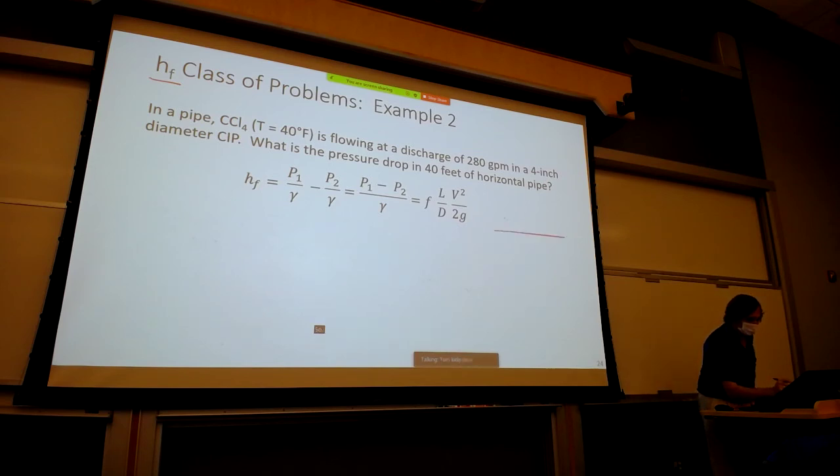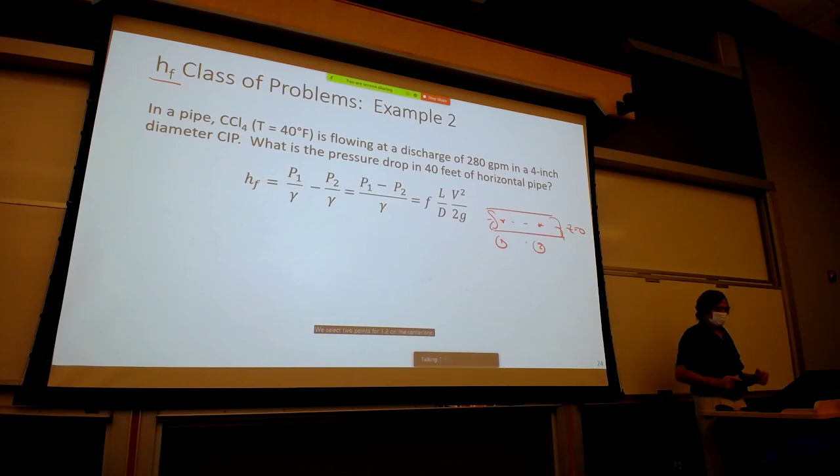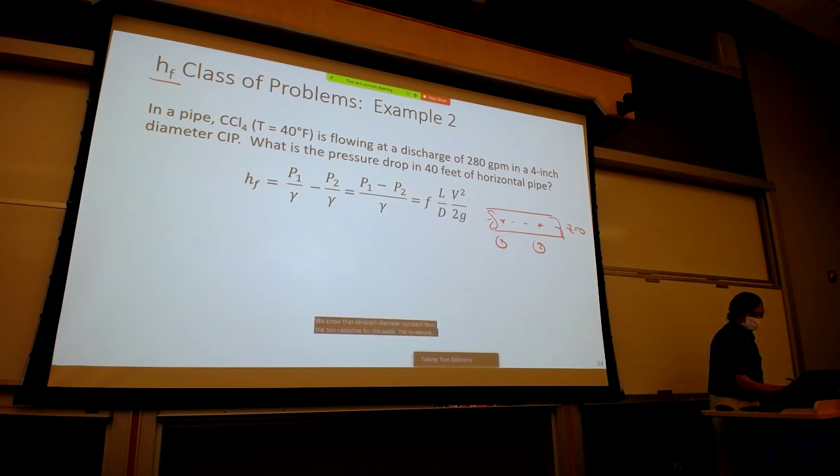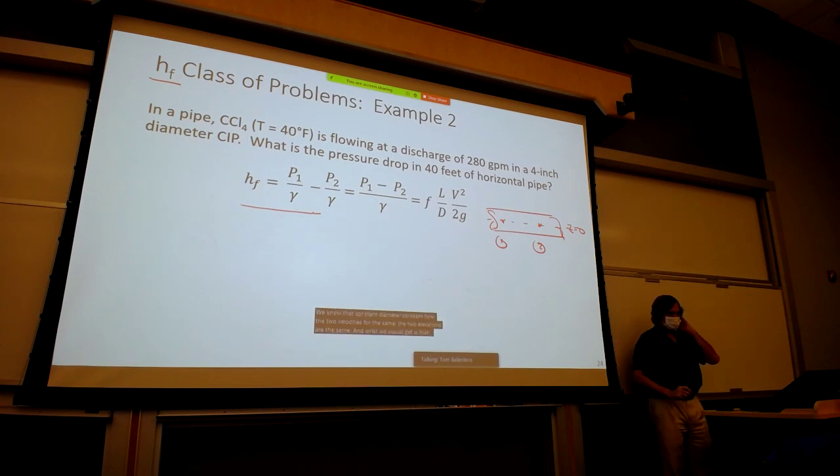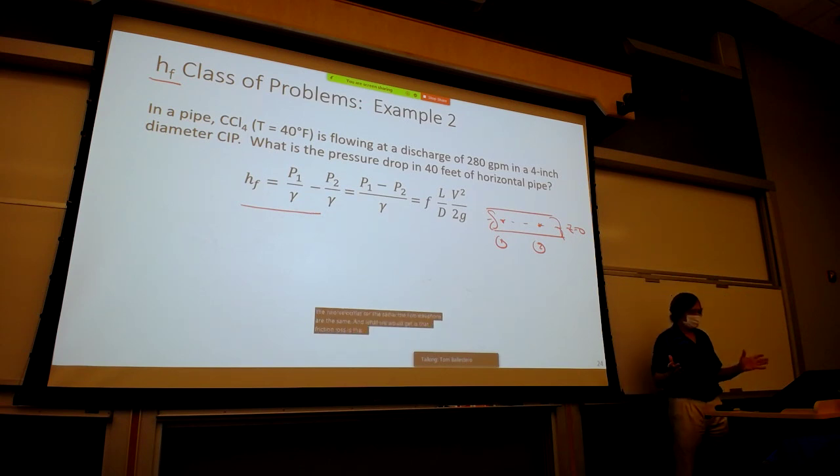So as we indicated on previous slides, for a horizontal pipe, we select 2 points, point 1 and point 2 on the center line. We know that constant diameter, constant flow, the 2 velocities are the same, the 2 elevations are the same, and what we would get is that the friction loss is the change in pressure over gamma.